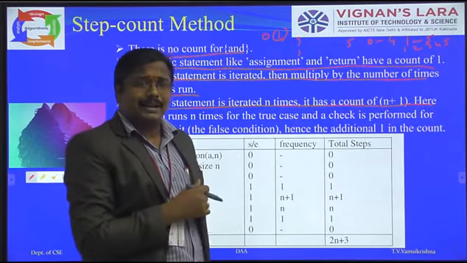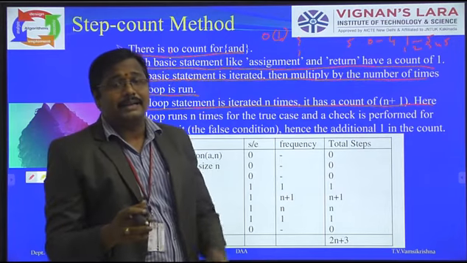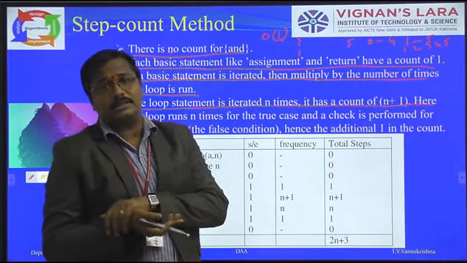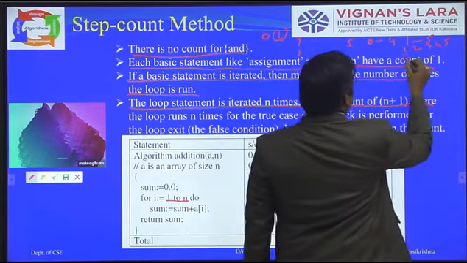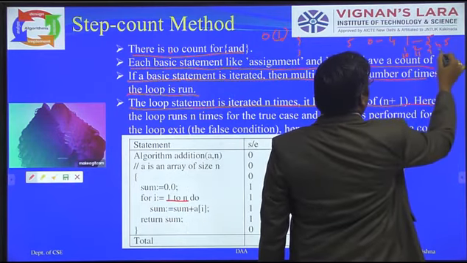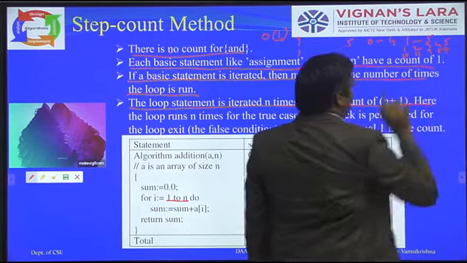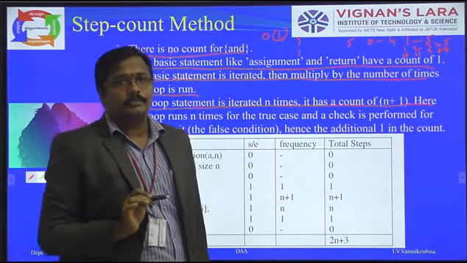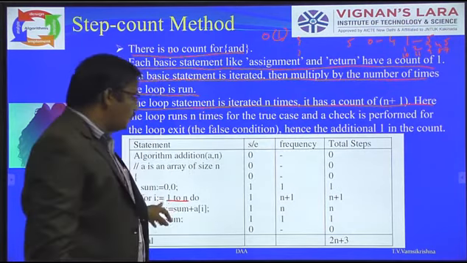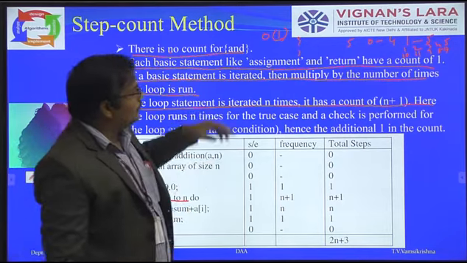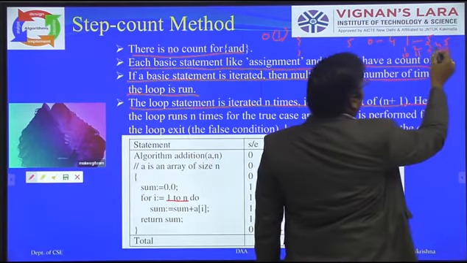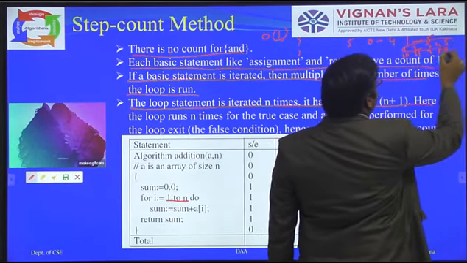The algorithm to find the sum of an array of elements needs to add all the elements. So for i equal to 1 to n, the values 1, 2, 3, 4, 5 are all valid indexes.